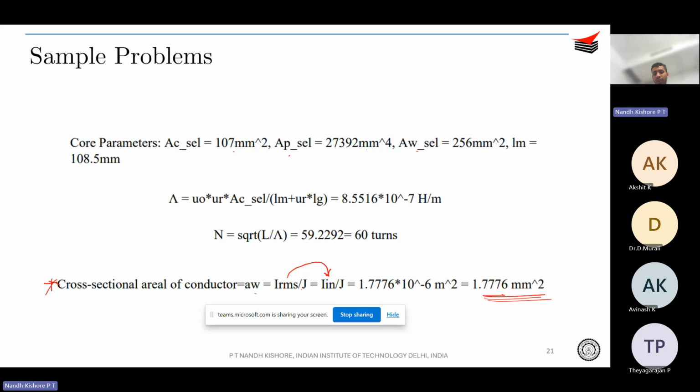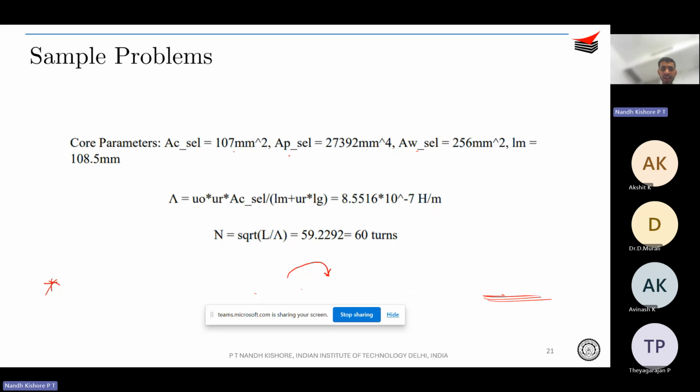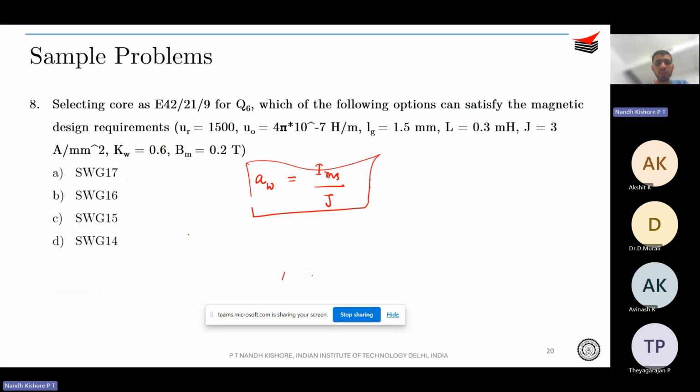Based on this, you need to choose an SWG that has a higher aw. Not only that, as we have seen in the starting also, you need to ensure that Kw into capital Aw is more than N into aw.